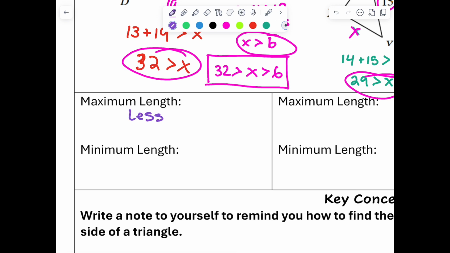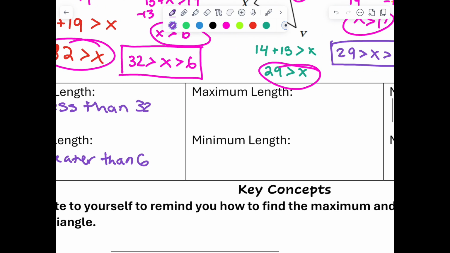So if we fill these out, our maximum length is a little under 32, less than 32. Minimum length has to be greater than 6.